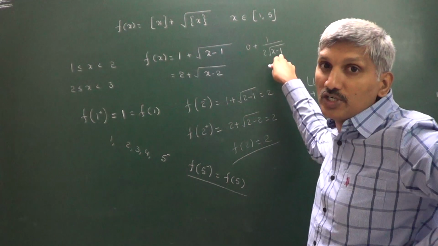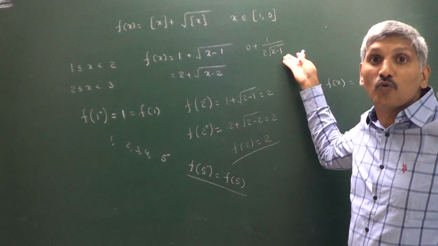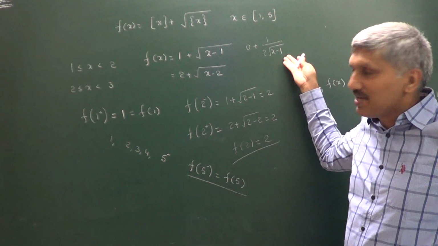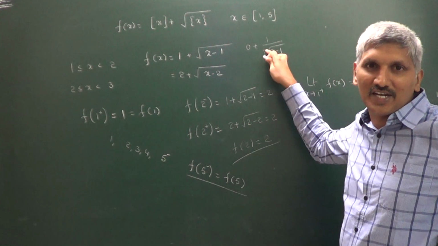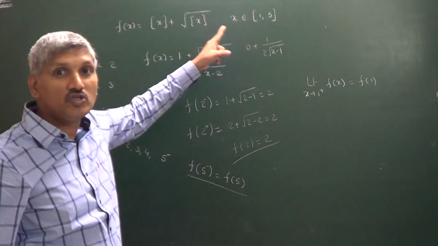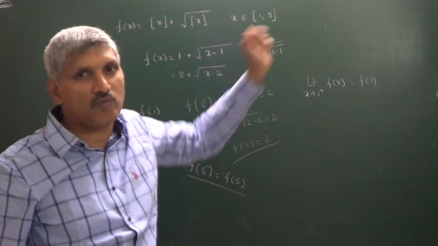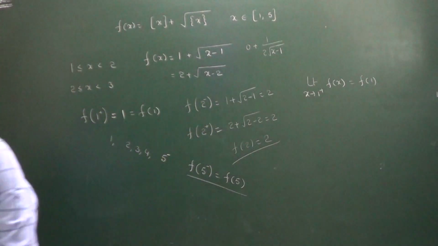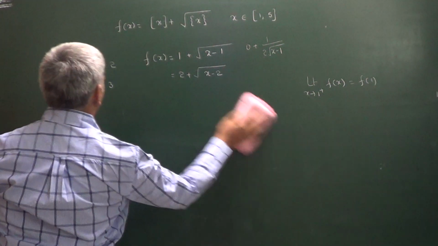It is not differentiable at x equals 1, because f dash of 1 does not exist. Because at x equals 1, it becomes 0. Denominator we are getting 0. That's why the function is not differentiable at 1, 2, 3, 4, 5 also, because of the reason 5 end points. Okay. So that is about the way of checking the continuity and differentiability of this particular function.